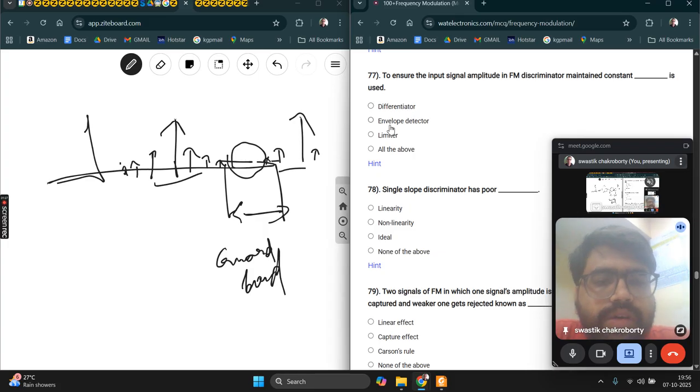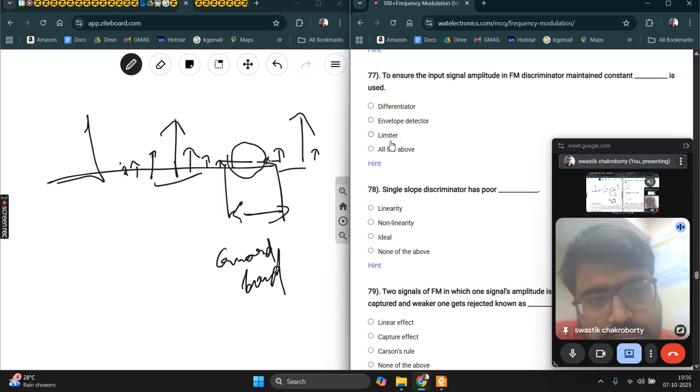So, to ensure the input signal amplitude in FM discriminator is maintained constant, what is used? So, differentiator is a high pass filter. Envelope detector detects the envelope or the amplitudes. A limiter rejects variations in amplitude. It limits the amplitude to a certain level.